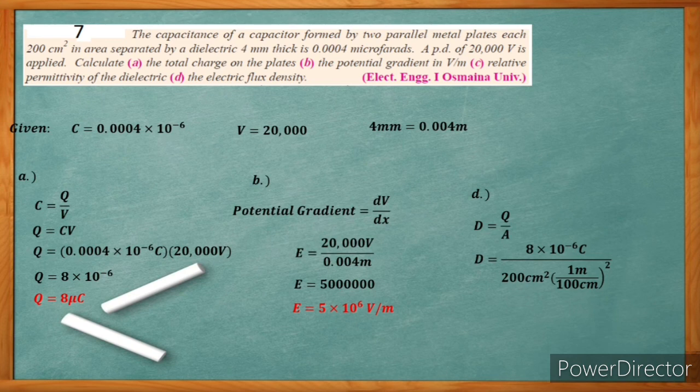So that will become 200 centimeters squared multiplied by 1 meter divided by 100 centimeters squared. So that is 4 times 10 raised to negative 4 coulomb per meter squared.